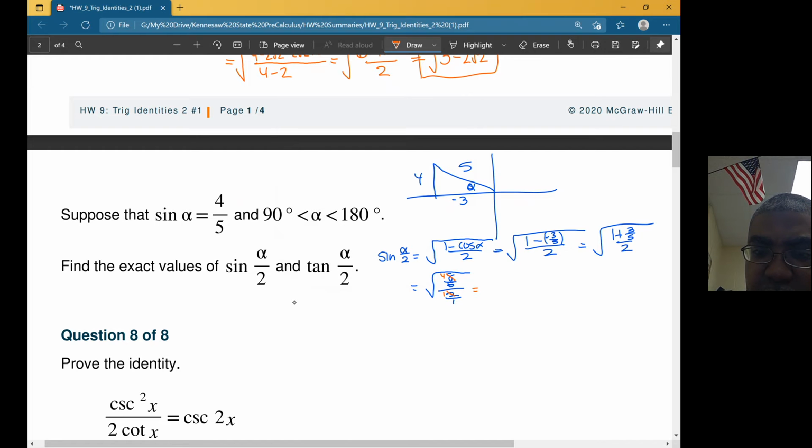So this ends up being square root of 4 over 5 because the 1 over 1 goes away. So this is 2 over root 5 or 2 root 5 over 5 if we're doing it correctly. Boom. Because if I'm taking the square root of a fraction, that's the same thing as the square root of the top over the square root of the bottom.